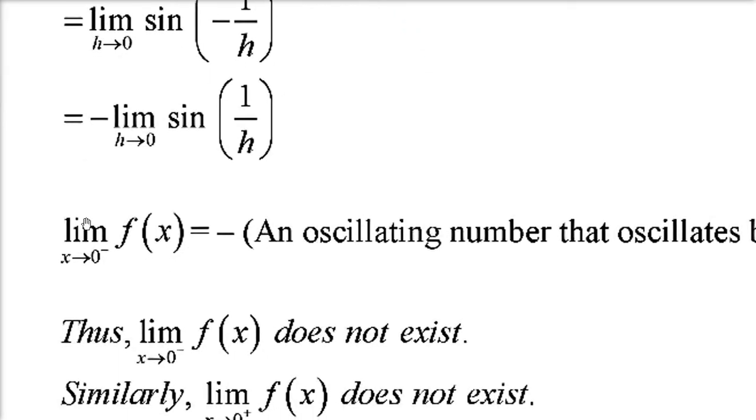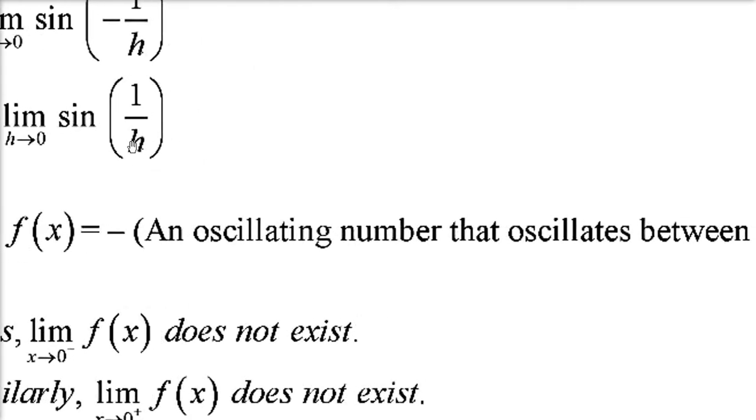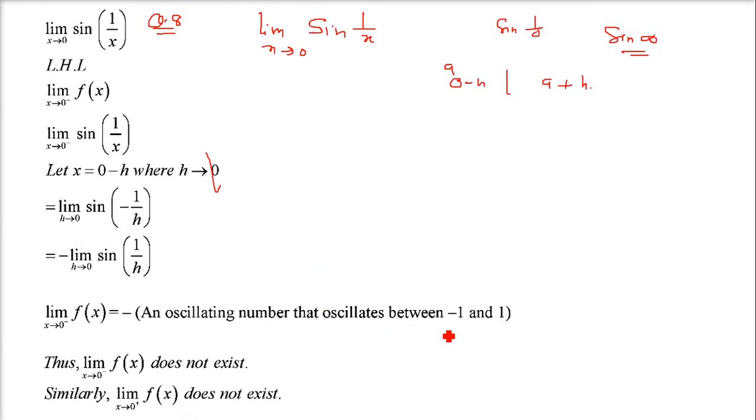Whatever you put, as x tends to 0 minus, f(x) is going to be negative of all the values which are oscillating between minus 1 and 1. And when you try to find out the right hand limit, it is going to be positive, an oscillating number that oscillates between minus 1 and 1.